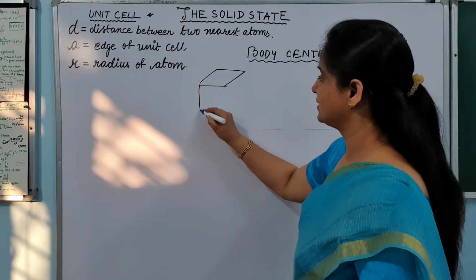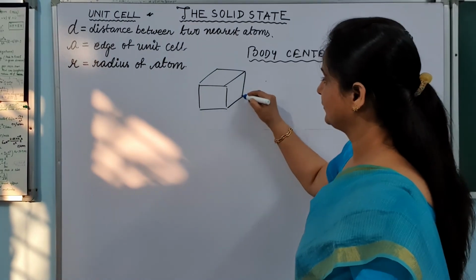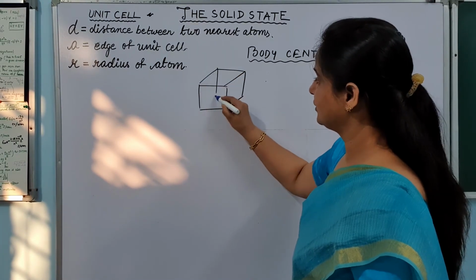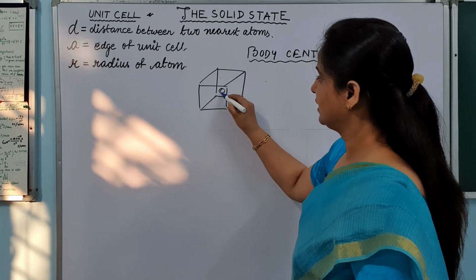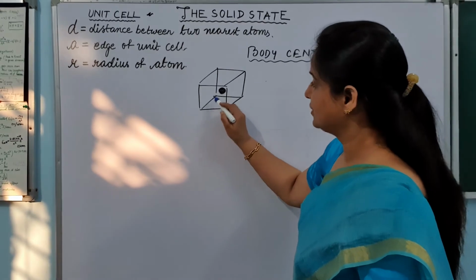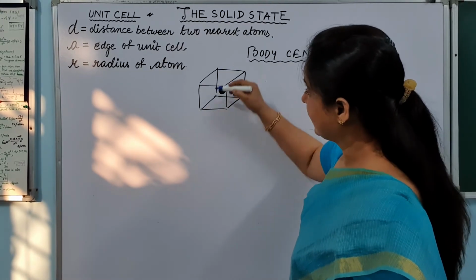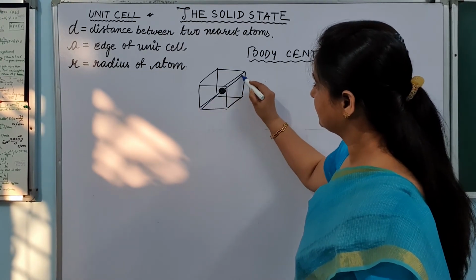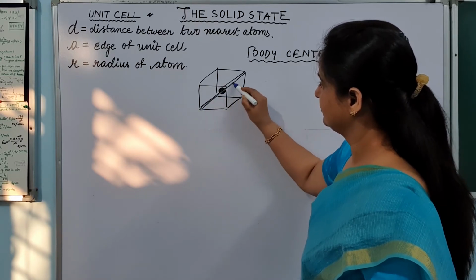This is your cube, this is the center of the cube, and this ball is lying in the center. Now this ball is lying on the diagonal of the cube.